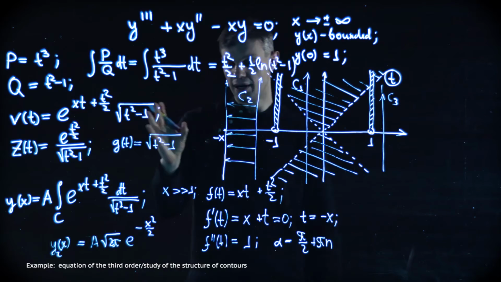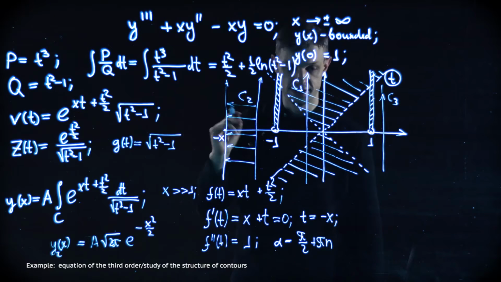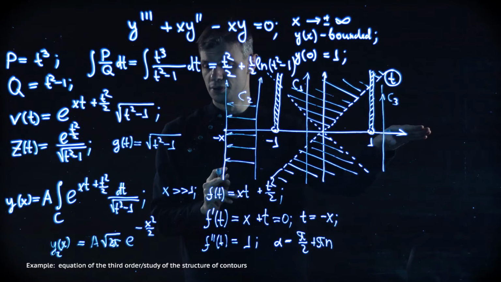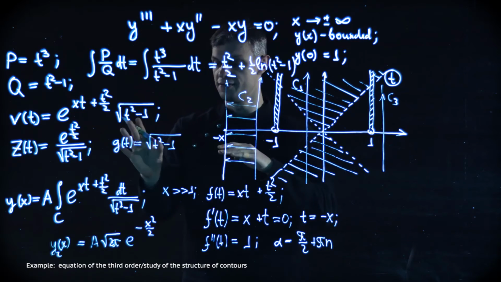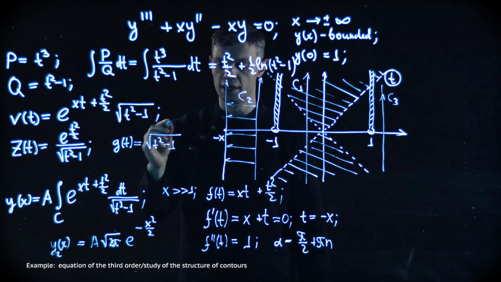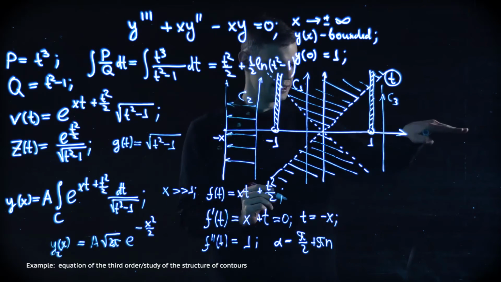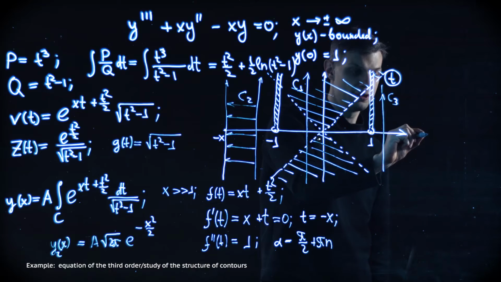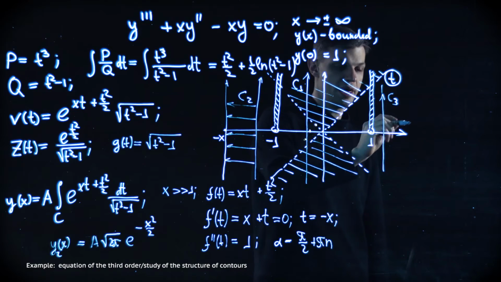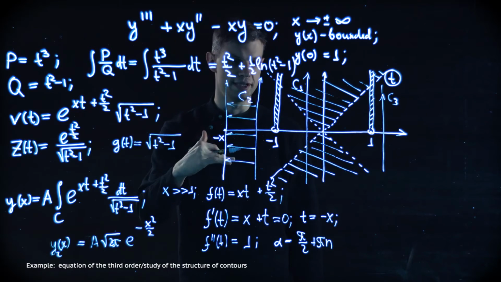To define its value at the negative x point, we need to fix the regular branch for this function. We fix it by the condition that if t is large and positive, the value of this function is also positive. So it's a simple arithmetic root when we go to plus infinity in the real t direction. Then, to find the value of this g function here, we make a pi rotation in the counterclockwise direction.